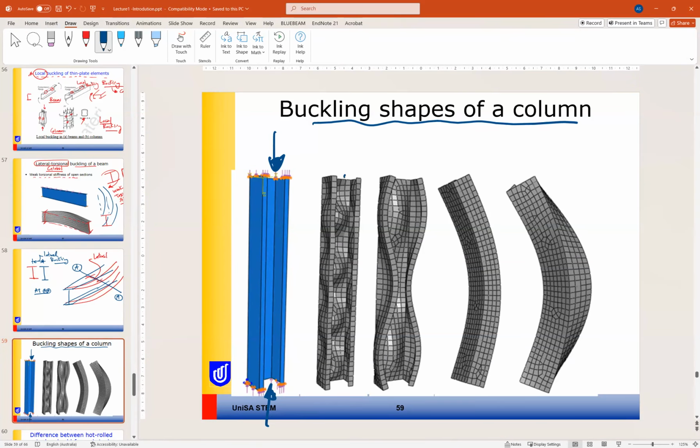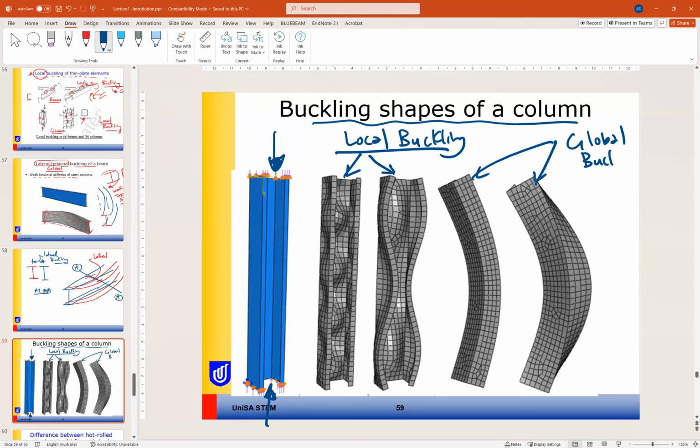So the first two are local buckling. Yeah, thanks Abu Saleh. And the second two are global buckling.